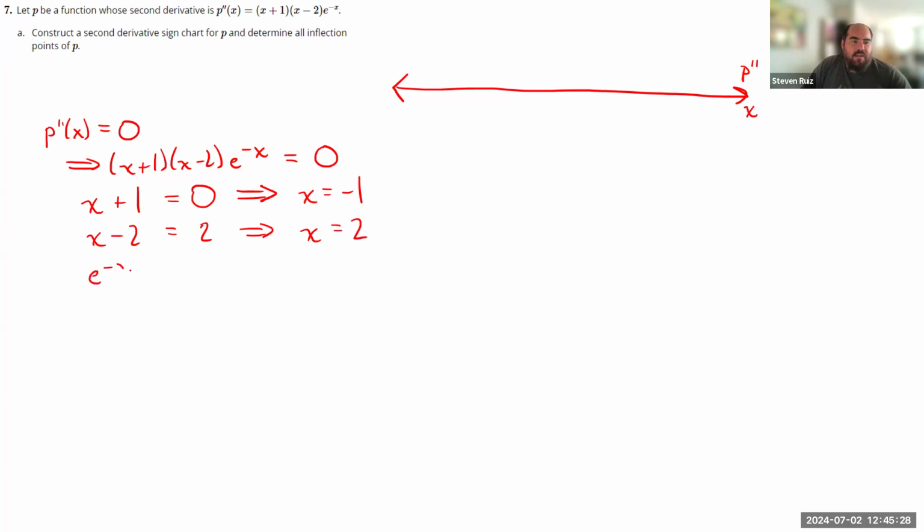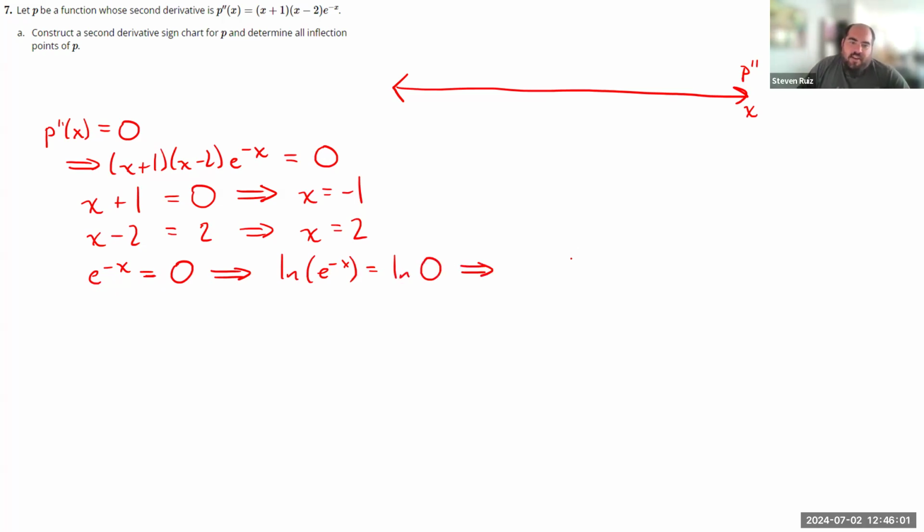And then what happens when e^(-x), I set that equal to 0? One thing I'll say is that if you raise a positive number to a power, the result has to be positive. So this is never going to equal 0. But let's say you don't notice that. Let's try to solve for x here. I can take the natural log of both sides, and I get the natural log of e^(-x) equals the natural log of 0.